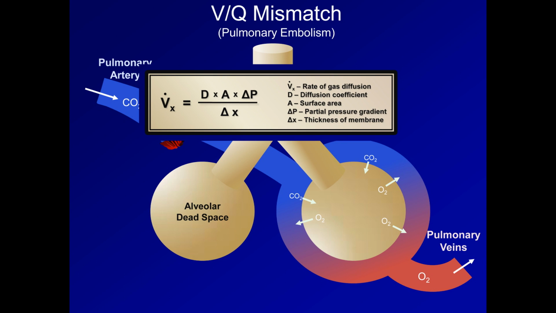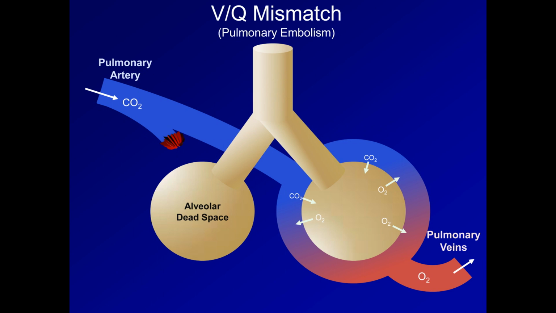Second, increased blood flow through a capillary bed of finite cross-sectional area will result in a greater velocity, which will then result in decreased time that blood spends within the capillary during which oxygen can diffuse in. Therefore, even if the alveolar capillary membrane in the remaining lung is perfectly normal, blood exiting those lung units can still be incompletely oxygenated. Thus, a PE can lead to both VQ mismatch as well as impaired diffusion.